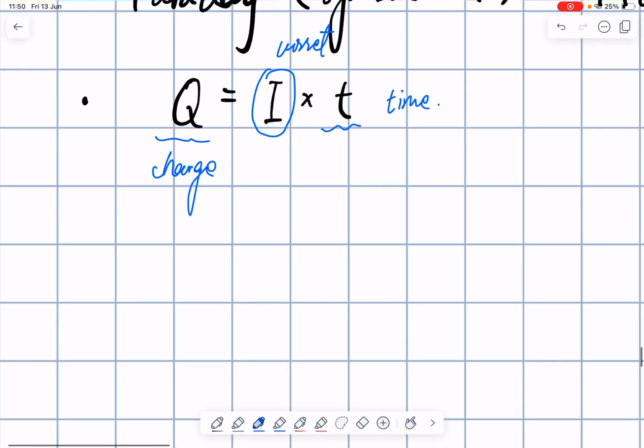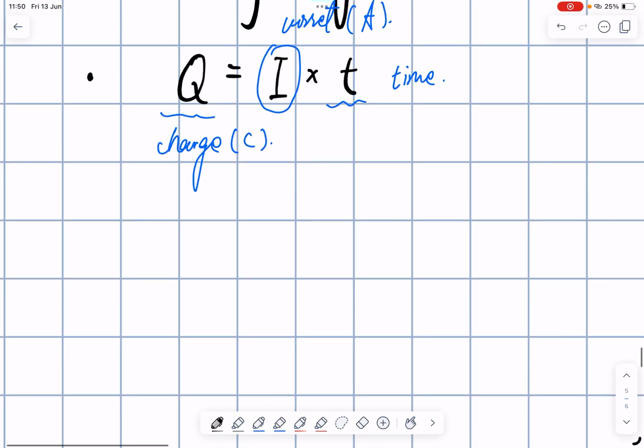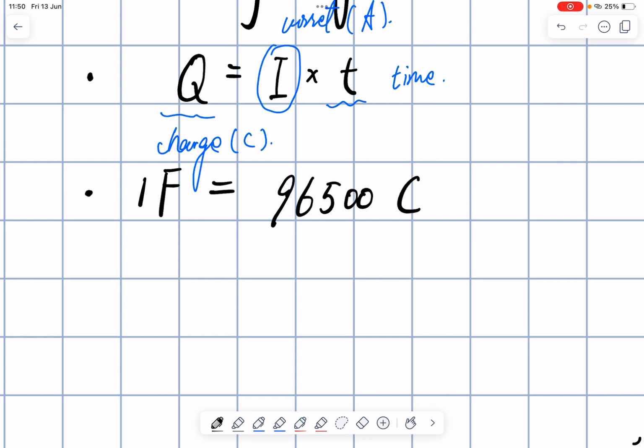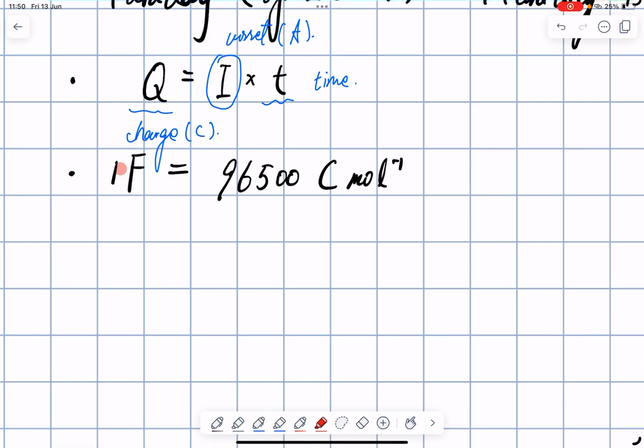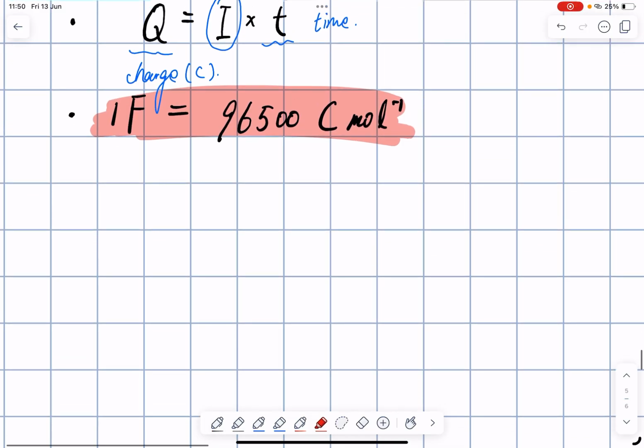The unit for Q is C, coulomb, and the unit for I is A, ampere. I'll give you an estimation for 1F. 1F equals 96,500 coulombs per mole. That's an essential piece of data. So later we'll use this frequently, and you'll see how we are going to apply it to solve problems.